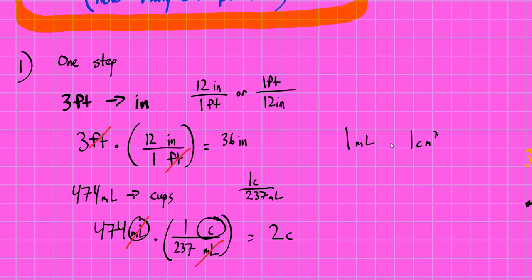They are the same volume. Or it could be any other fraction where the top, 16 cups, is the same volume as 1 gallon. As long as it's the exact same value and you could replace one with the other with no loss in stuff or no loss in meaning, then it's okay to use it as a conversion factor.